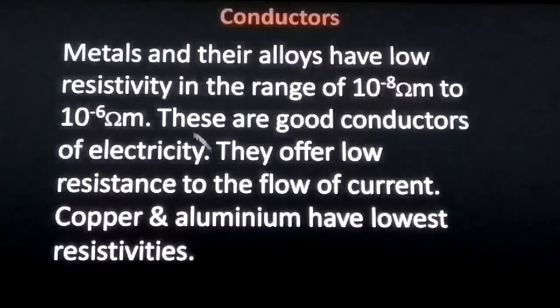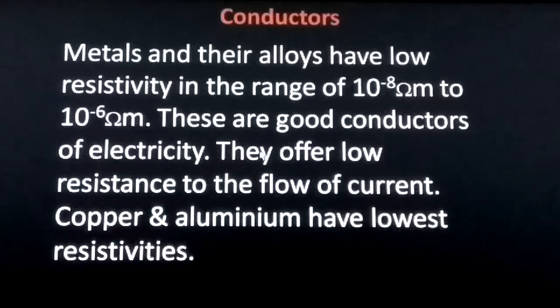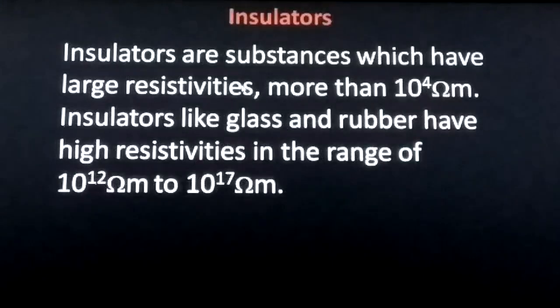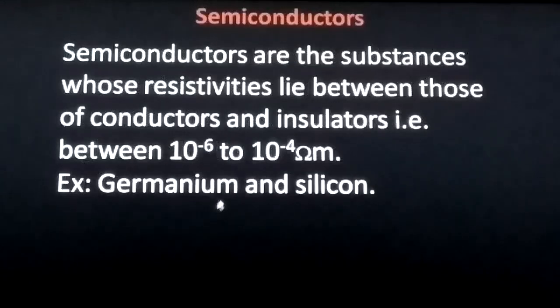We know the definition of conductors, that is the resistivity range in conductors, and an example for conductors, and the definition of insulators depending upon their resistivity. Resistivity lies in between, more than 10 to the power of 4 ohm meter, and the higher resistivity range is 10 to the power of 12 ohm meter to 10 to the power of 17 ohm meter.